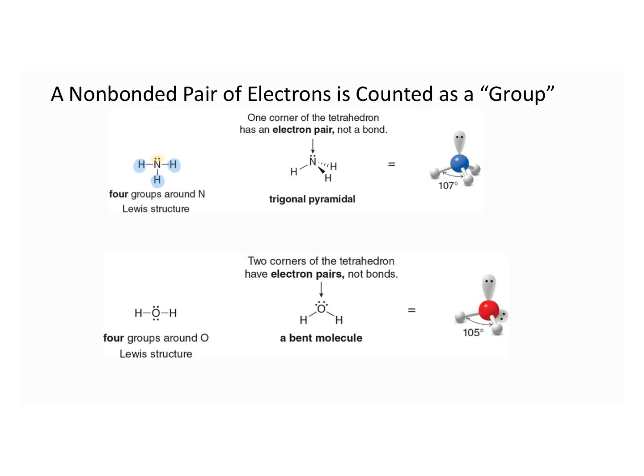So there are 4 groups that surround that nitrogen. And so when you have 3 bonded pairs, so we have 3 atoms here and then 1 lone pair, that geometry is trigonal pyramidal.